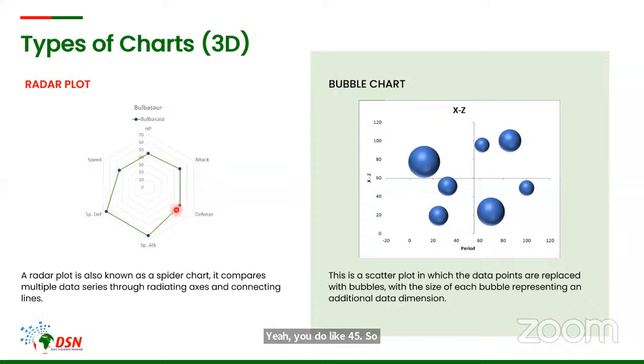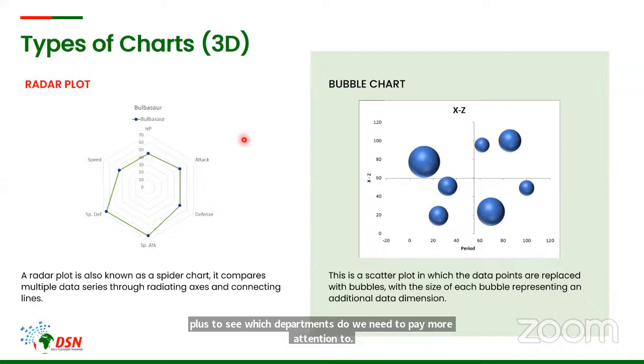So this radar plot is usually used to look at what we should pay more attention to. Let's just say we are running a company now. We have different departments and we have revenue. And then at the end of the day, we look at the radar plot to see which departments we need to pay more attention to.